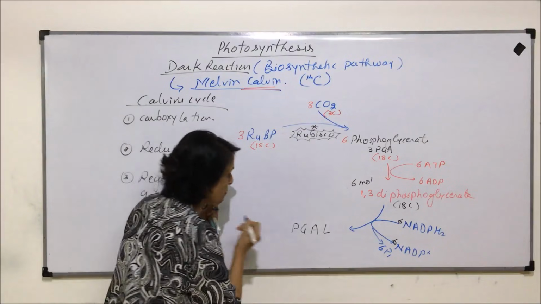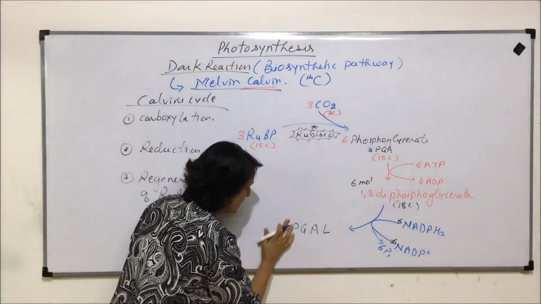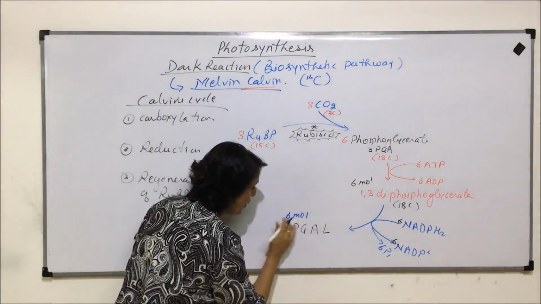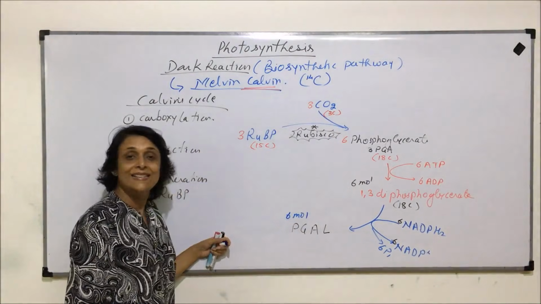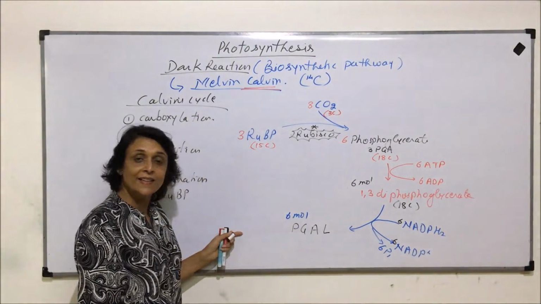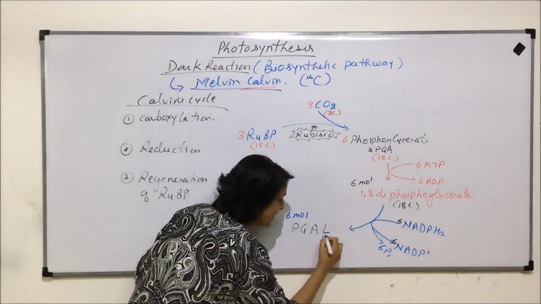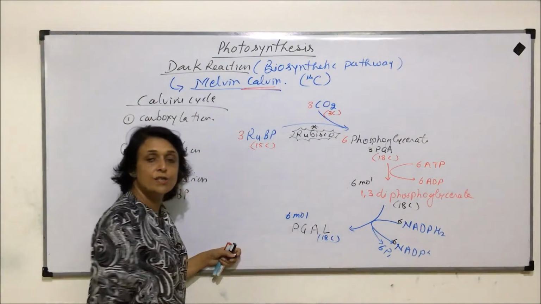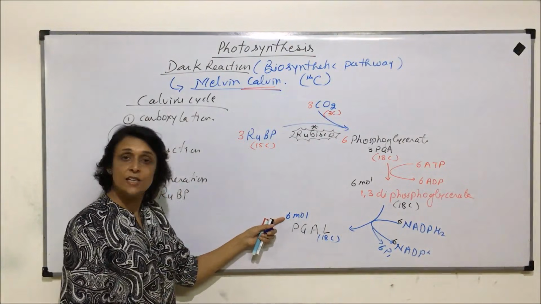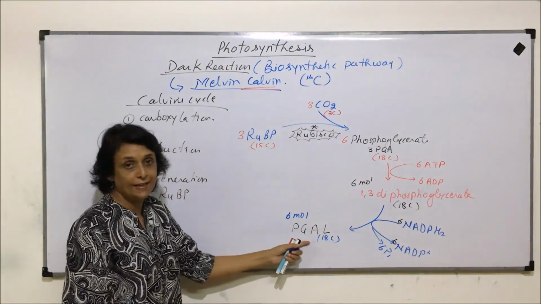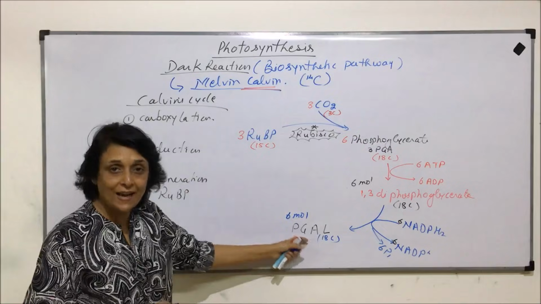So 6 molecules of phosphoglyceraldehyde. That means again the carbon numbers are 18 because each molecule is a 3 carbon compound and we are getting 6 molecules of it. So 18 carbons. We are still able to keep a track of it.